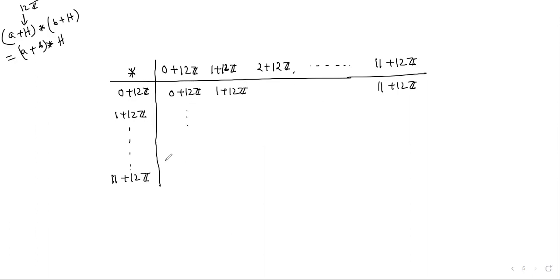Whenever we come across 1 plus 12Z star 11 plus 12Z, that will become 12 plus 12Z, and the cycle will return. So in place of 12 plus 12Z, we write 0 plus 12Z. There will be a cycle from 0 to 11, and it will keep on cycling.